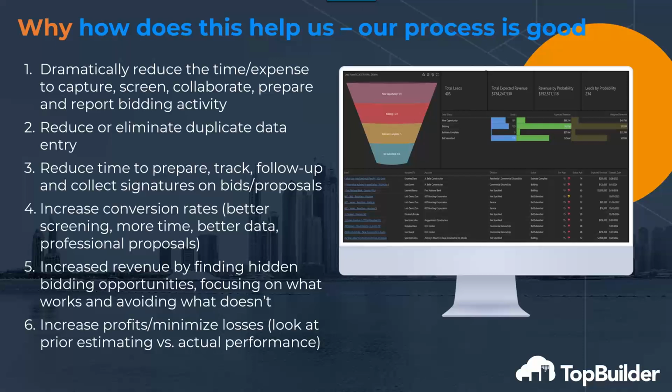Duplicate data entry is a big deal. Most of our customers are using job cost accounting platforms like Spectrum, Sage, Acumatica, and they're having to double key things in. They get the job, they have to turn around and enter it in their job cost accounting platform. Then they have project management like Autodesk or Procore or the Trimble products, and they enter it in there.